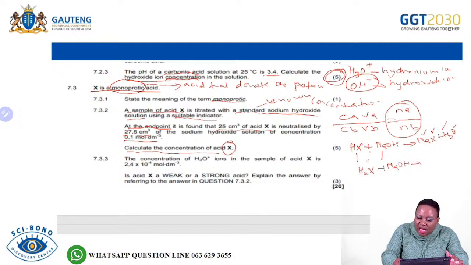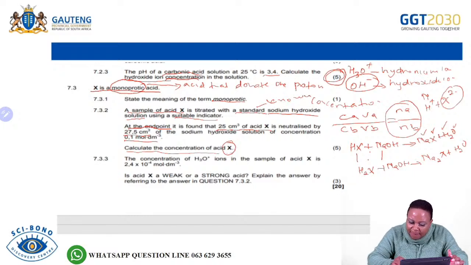Now, remember the 2, it means it's going to be 2H plus and X2 minus. Therefore, the 2 now is for the sodium, so it means we're going to have Na2X plus H2O. Then if you look at our reaction, whether it's balanced, the hydrogens are balanced, the X's are balanced. But when you look at sodium, this side we have 2, so it means we need 2 here.